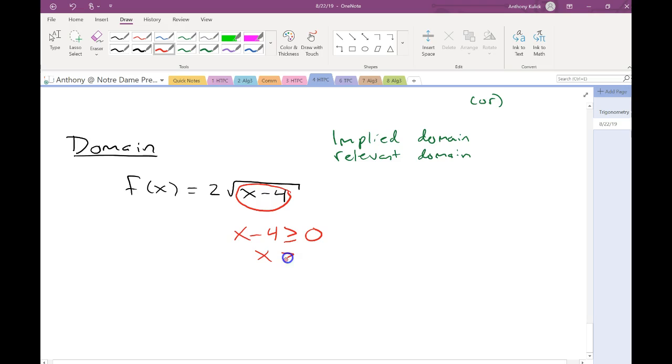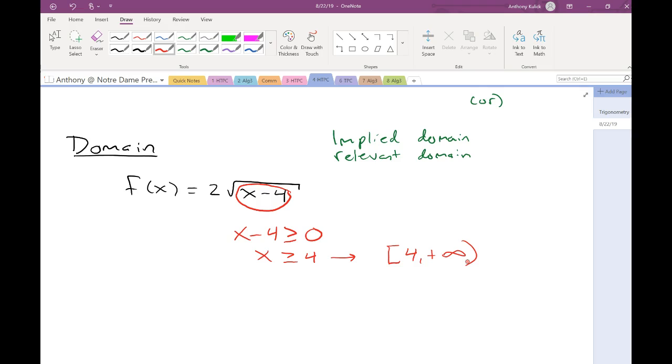So we'll just add 4 to both sides. And then if I want to write this as an interval, my domain is going to be 4 to positive infinity.